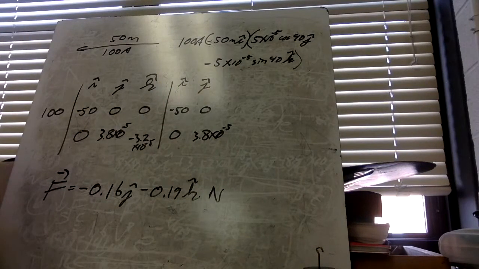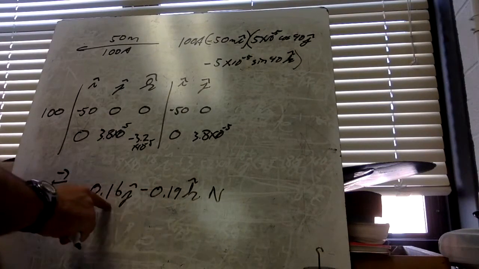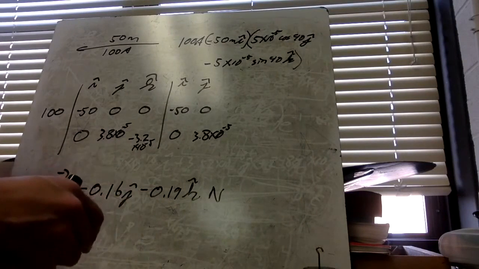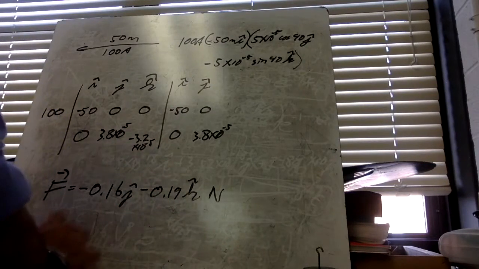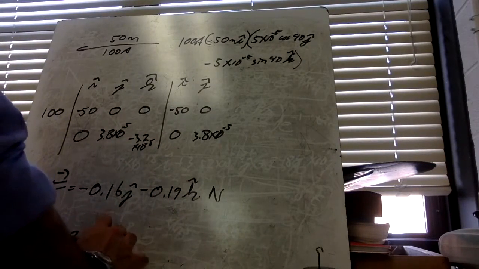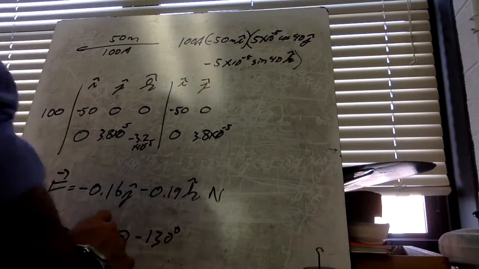So the force on this thing is just in the up and down, right? So a little bit down, and then also a little bit south, right? And so this is going to be 0.25 newtons at an angle of negative 130 degrees.